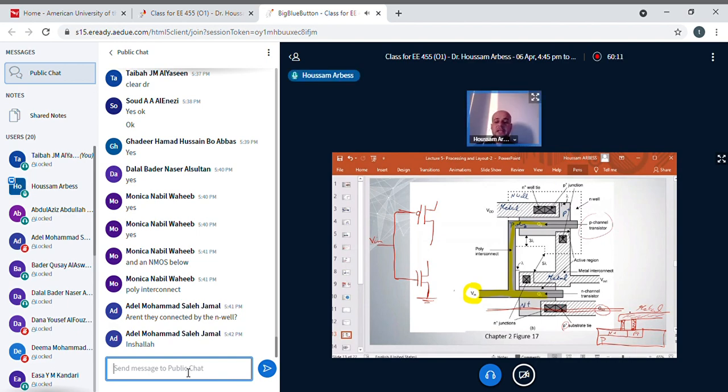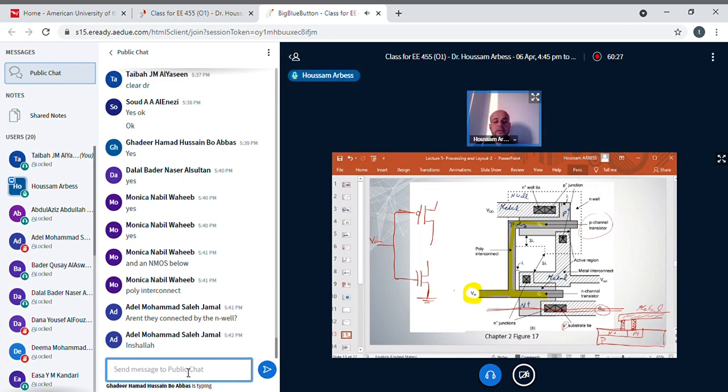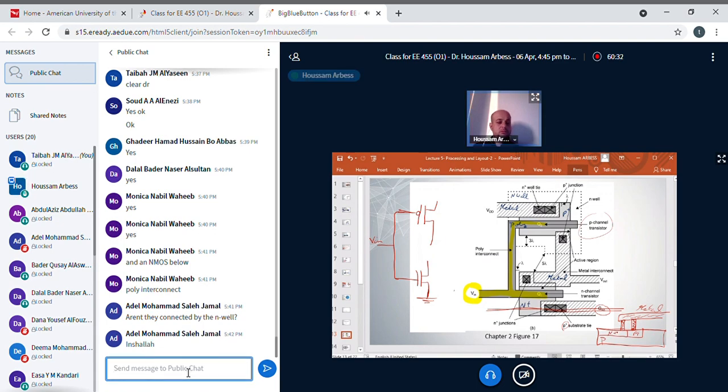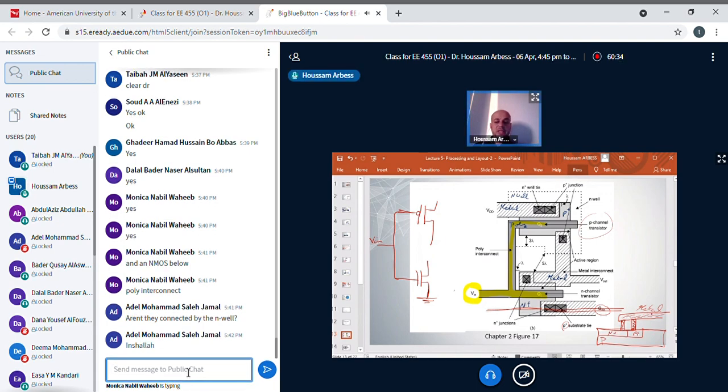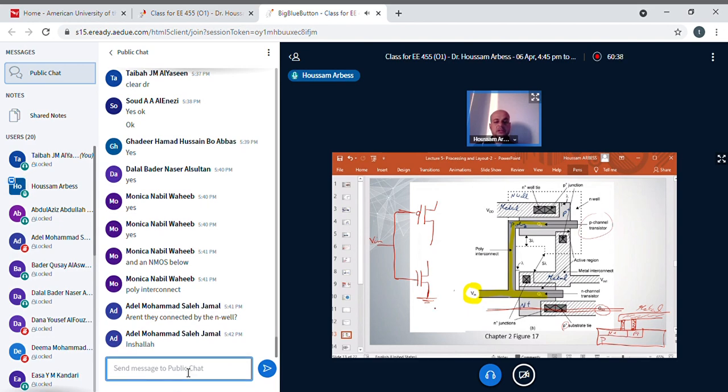So I can see that the metal here is connected to this terminal. If you don't have the contact, even if you have metal, the metal will not be connected to the semiconductor. Is this point clear for everybody? Without the contact layer, the metal will not be connected to the semiconductor. Here we can see that the metal is connected to the semiconductor. So this terminal of the MOSFET is connected to the ground.